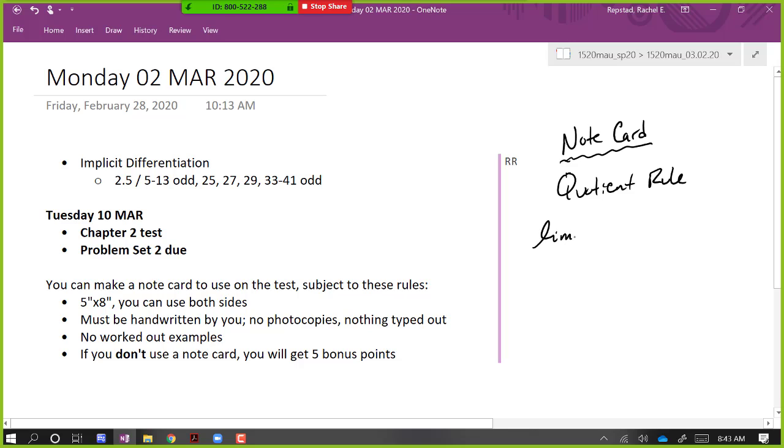So I'll just call that limit definition of dy dx. Power rule, yeah.